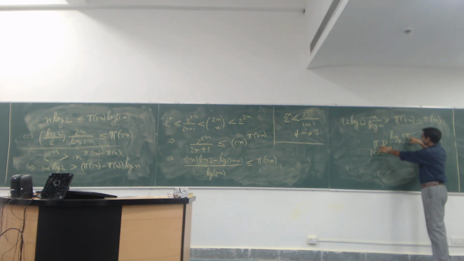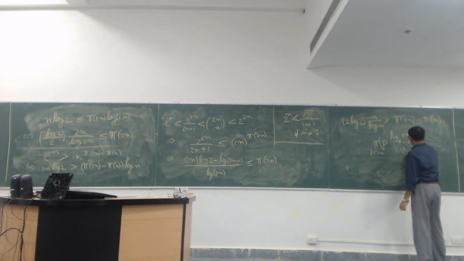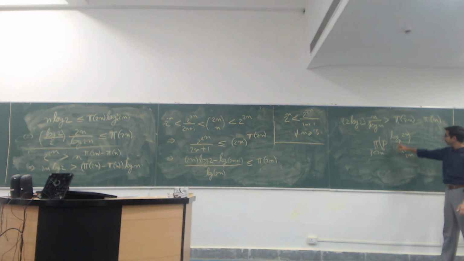Each p is less than 2n, and note that each of these factors is equal to 2n, right? Because we are taking the log base p, and then how many primes? Exactly pi of 2n.